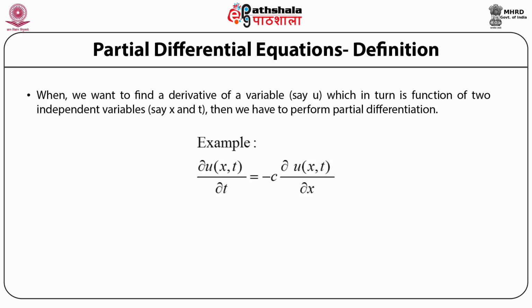But since we are differentiating with respect to t, we cannot say it is only an ordinary differential equation. So the right hand side is again c times dou u of x comma t by dou x. So in the whole equation, there is a relationship between u and t we are interested in, and u and x. So these kinds of situations are captured better by partial differential equation.